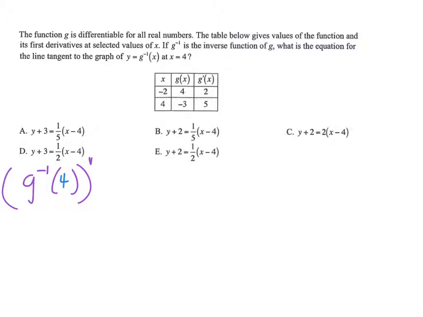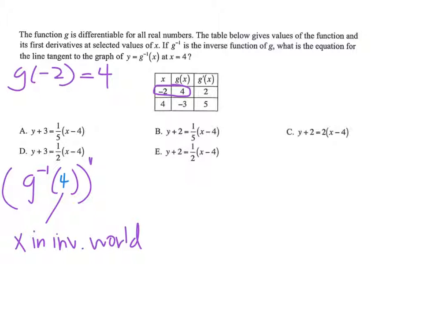Okay, so again, 4 is x in inverse world. Therefore, it is y in function world. So right there, g of -2 is equal to 4. Therefore, g inverse of 4 is equal to -2.